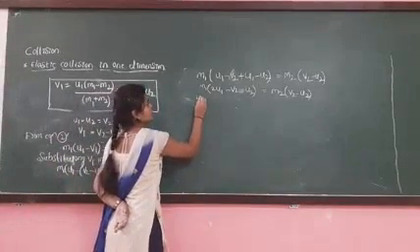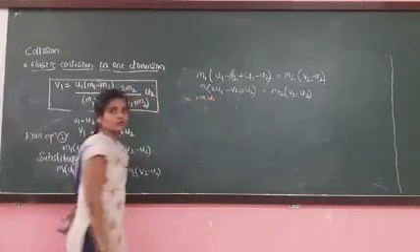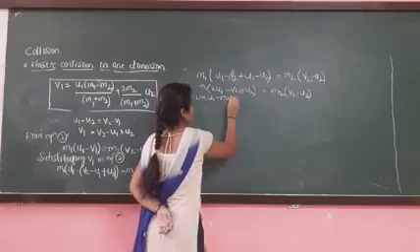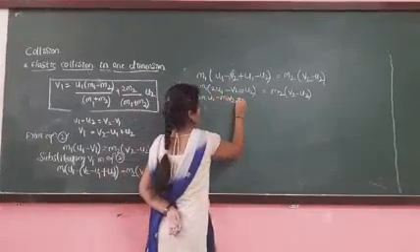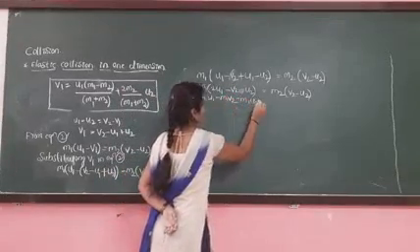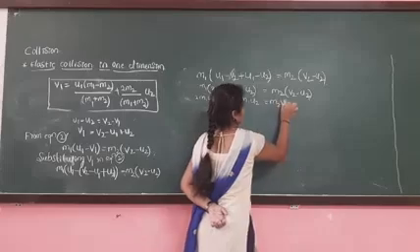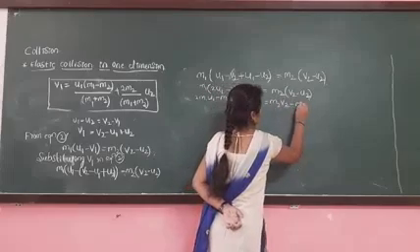This is m1 (2u1 minus v2 minus u2) equals m2 (v2 minus u2). So 2 m1 u1 minus m1 v2 minus m1 u2 equals m2 v2 minus m2 u2.